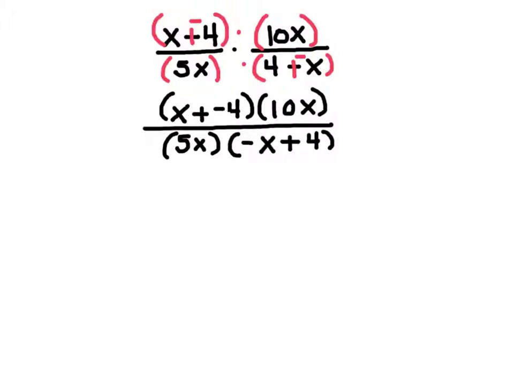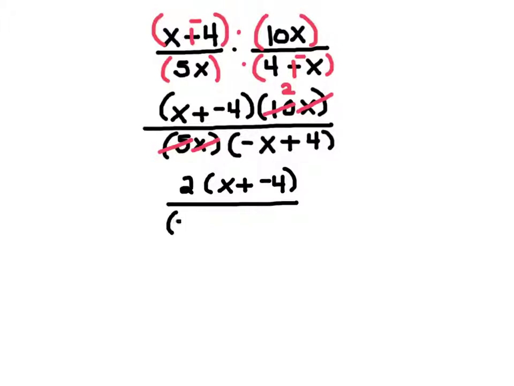Before I do, let's cancel out the x factors, and let's cancel out the 5 from the 10, giving us a 2. And I'm going to rewrite the numerator as 2 times x plus a negative 4. And in the denominator, I just have that binomial left. But let's factor out a negative 1.